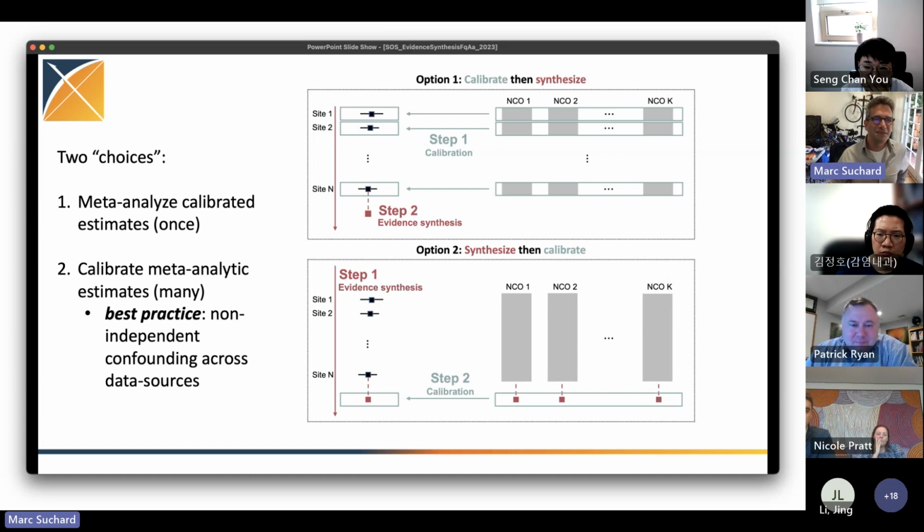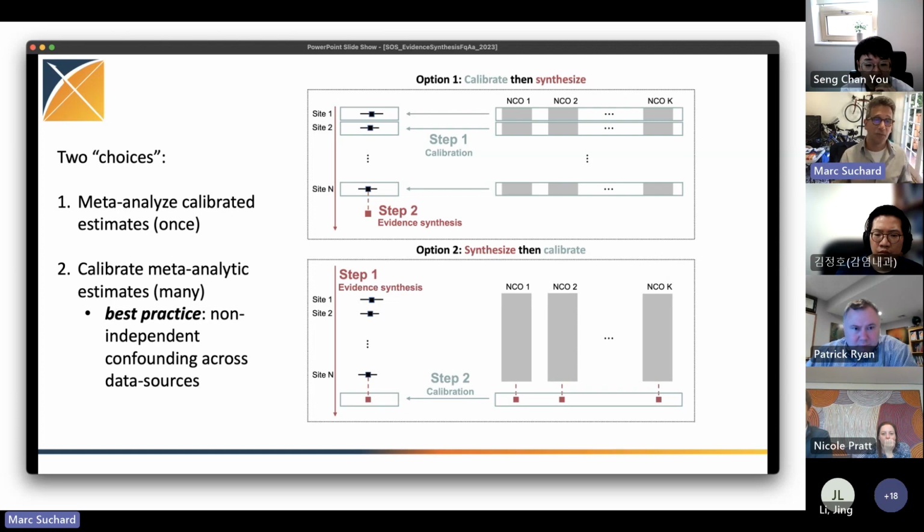The first is within a site, we get an estimate of interest and a whole bunch of negative controls, and we perform a meta-analytic estimate within that site to get the hazard ratio for our outcome of interest. And this is done independently from site to site, ignoring the dependence between the confounding structure possibly within these different data sources.